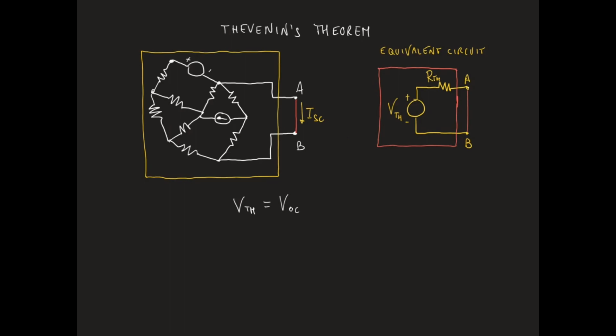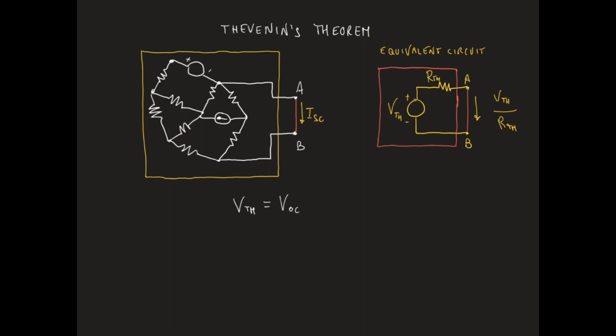In the case of the equivalent circuit, the short circuit current between nodes A and B can be easily calculated through Ohm's law as VTH divided by RTH.